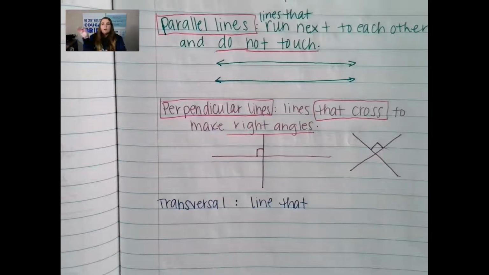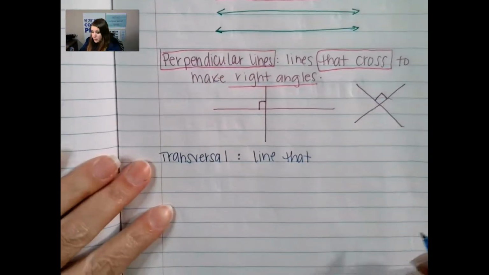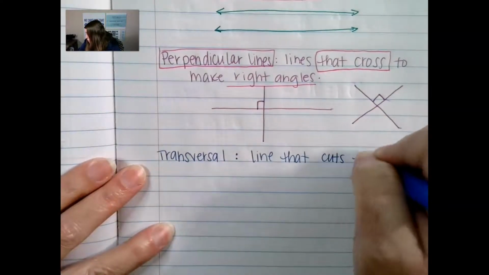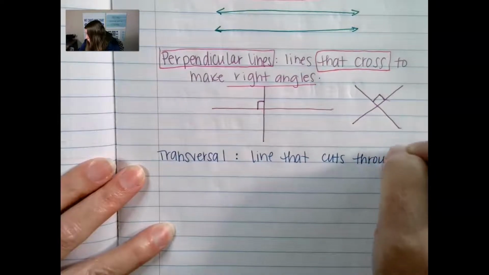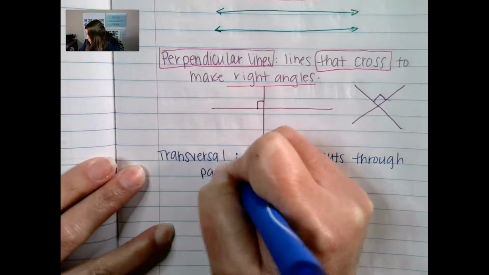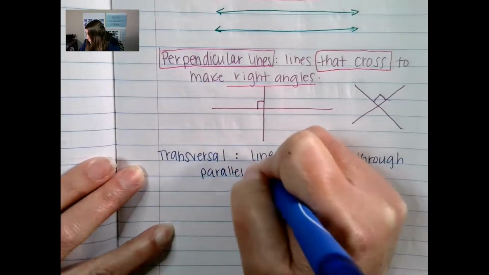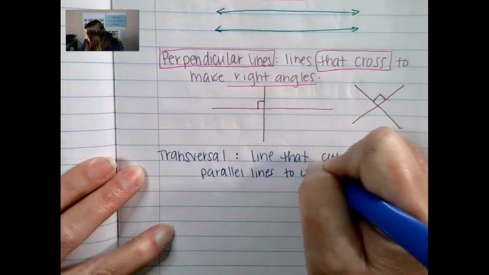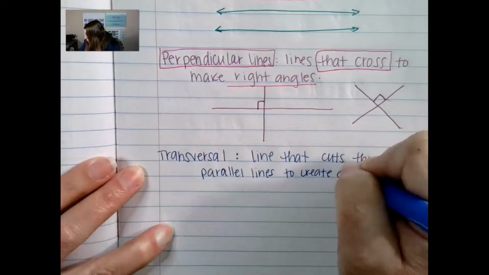So you have your parallel lines, and those lines will never touch each other, but you can have them create angles when a transversal line cuts them. So this is a line that cuts through parallel lines to create angles.